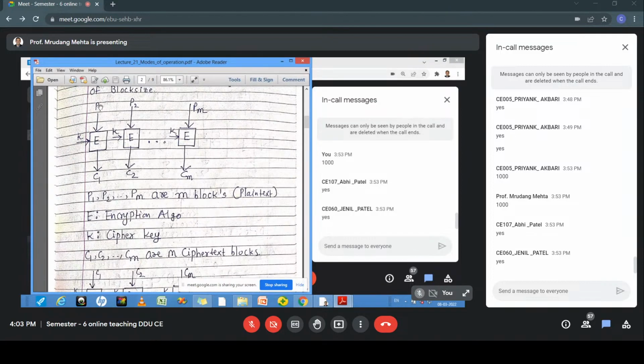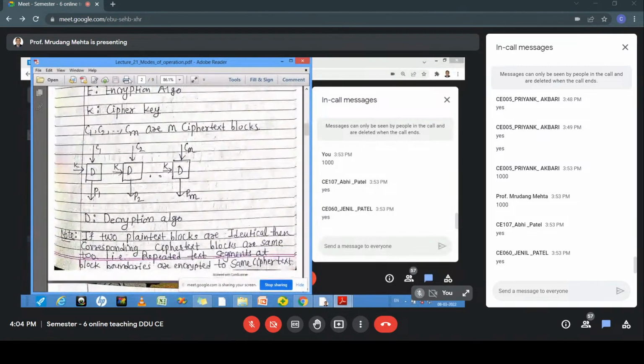Then we take another 64-bit block P2 and generate C2. So we keep these blocks ready, and whenever we want to perform transmission, we compare with P1, and instead of doing encryption at that time, we can directly take the encrypted block from that available code book. That is the basic concept.